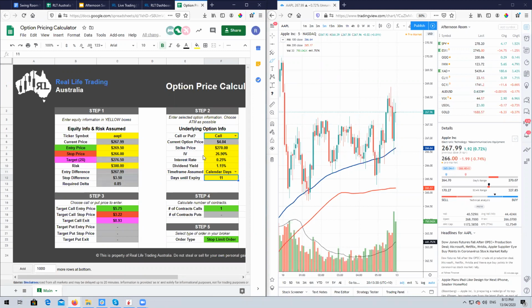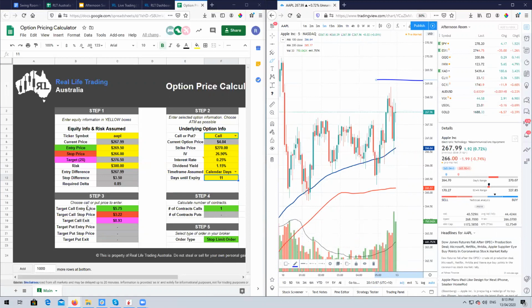And this would basically just spit out what type of order we want to place. Now, remember we spoke about stop limit orders and limit orders before. So, for example, because we want to buy this on a breakout, right, the price is going to be higher. We need to have a stop limit order, which this actually tells you. So it'll tell you that you need a stop limit order, and you can buy one contract based on this particular setup, right?